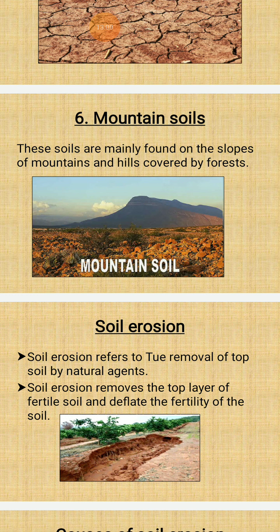Example, tea, coffee, and fruits. They are largely found in Jammu and Kashmir, Himachal Pradesh, Manipur states, and along the Western Ghats. These soils cover an area of 2.85 lakh square kilometers.